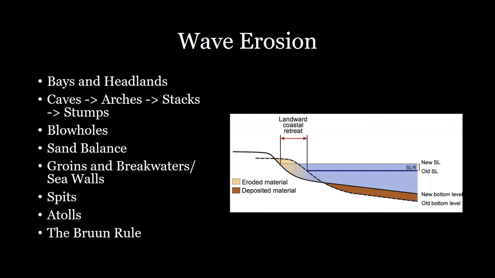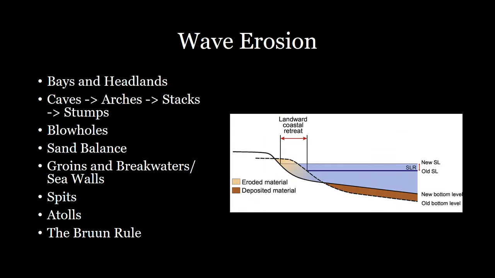We know that as sea level rises, it's as if all of the waves are slightly larger, and so they can erode more material away. We want to be able to quantify that amount. What is the proportion of the sea level rise to how far the coast retreats as a response?